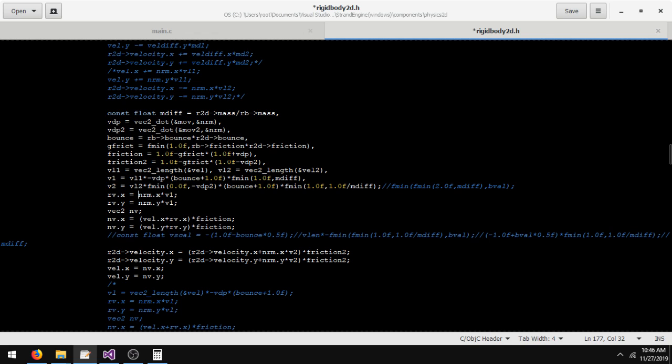Alright, so actually I think it should be applying this here as well. I also don't think it should be applying the friction there though.